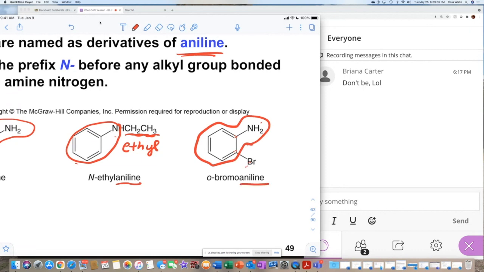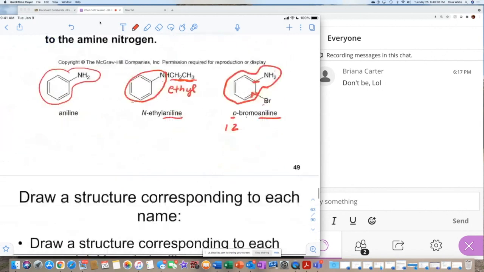And then this one here, you could put the number of the carbon, or you can use the letter O. Remember, O was 1, 2 combination. So you have this as carbon 1, this is carbon 2. So in place of using 1, 2, you just use the letter O. O-bromoaniline. It's like a poem. Oh, bromoaniline. Why? Wherefore art thou?